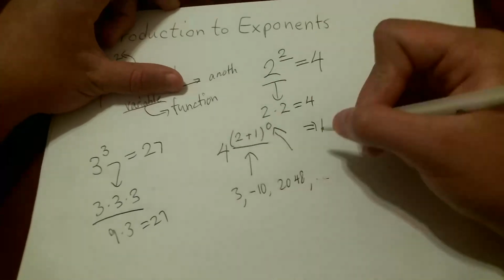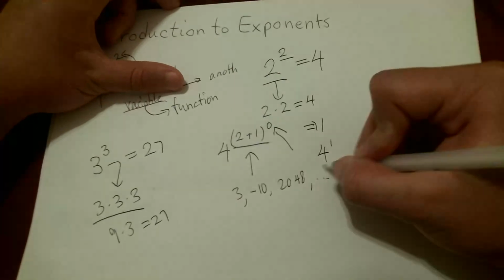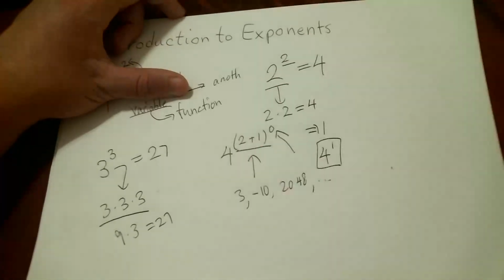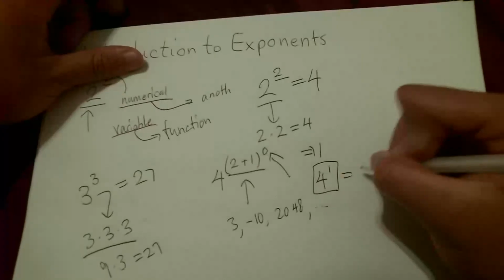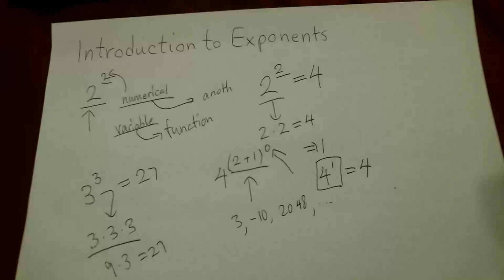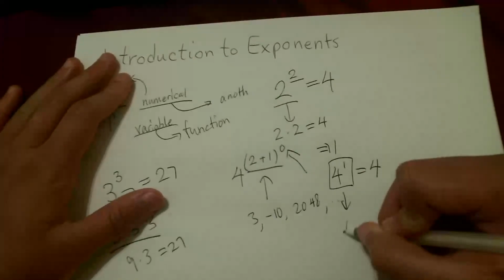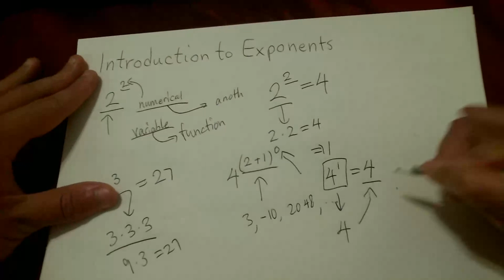So this would be 4 to the power of 1. And then this would be what we would solve in order to find the value of this. So 4 to the power of 1 would just equal 4, since you would multiply 4 one time. Or, in other words, you would only have 4 to begin with. So this would be what you would get.